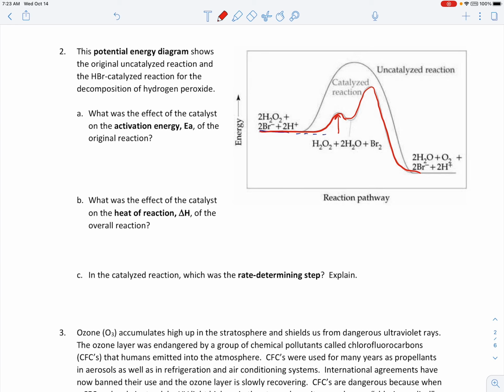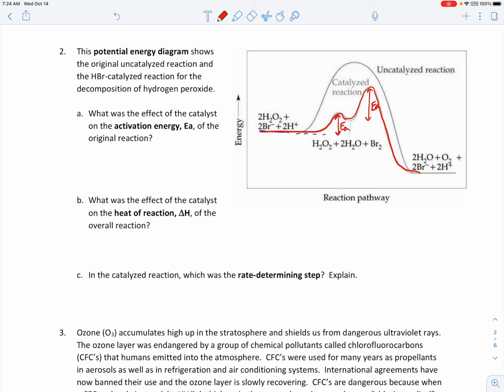In this new mechanism, the first step's activation energy is there, and the second step's activation energy is here. Notice either step, the activation energy in the new mechanism is lower than the activation energy in the original mechanism, which is why it was faster. So the activation energy with the catalyst is lower than the activation energy in the uncatalyzed reaction.